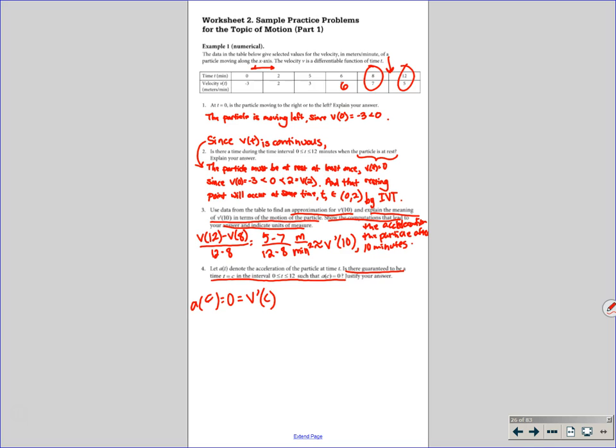Is velocity positive or negative? Yes, on average velocity is positive. How can I show that? As v of 8 minus v of 6, all over 8 minus 6, it's greater than 0. It's a positive velocity. I don't even have to say what it is. I can just say it's greater than 0. On average, what's the velocity from 8 to 12? By IVT, if I have an average, which is an instantaneous, that's positive, and then I have an average that's negative, what does the instantaneous have to do to go from positive to negative? Pass through 0. Sign changes only occur at 0 for continuous functions.